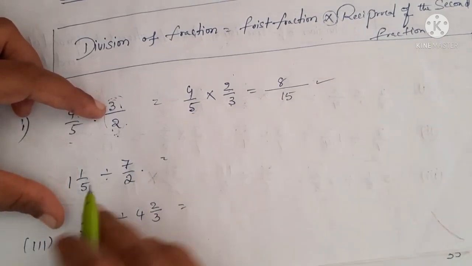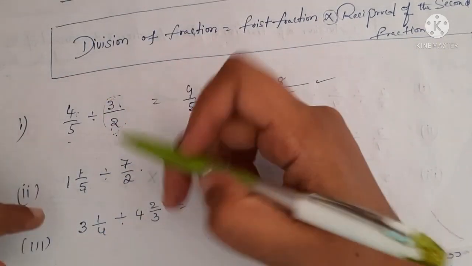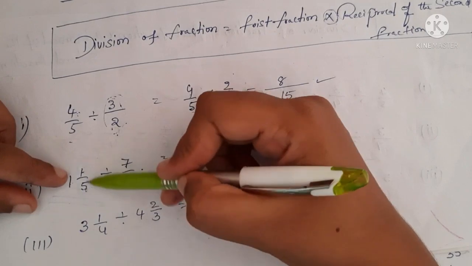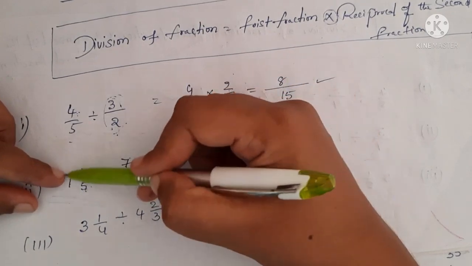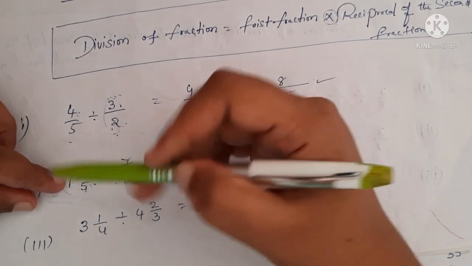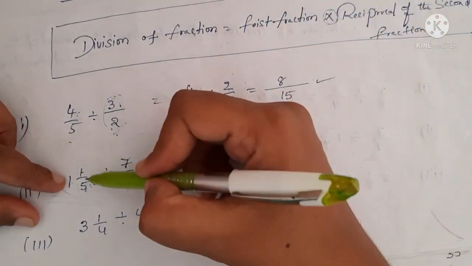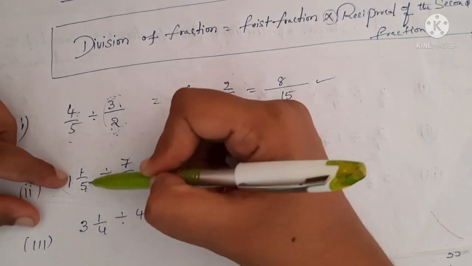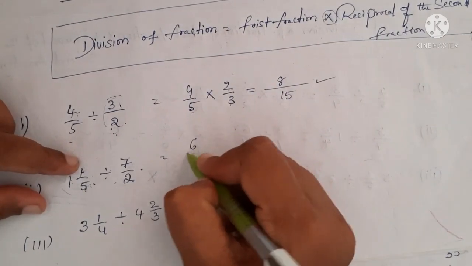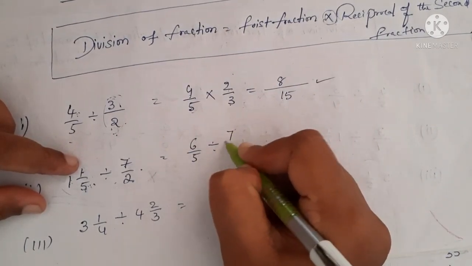This is the answer. Next example, 1 and 1 by 5 divided by 7 by 2. See here, we have a mixed fraction, so this is converted into an improper fraction. 1 into 5, 5 plus 1 is equal to 6 by 5, divided by 7 by 2.